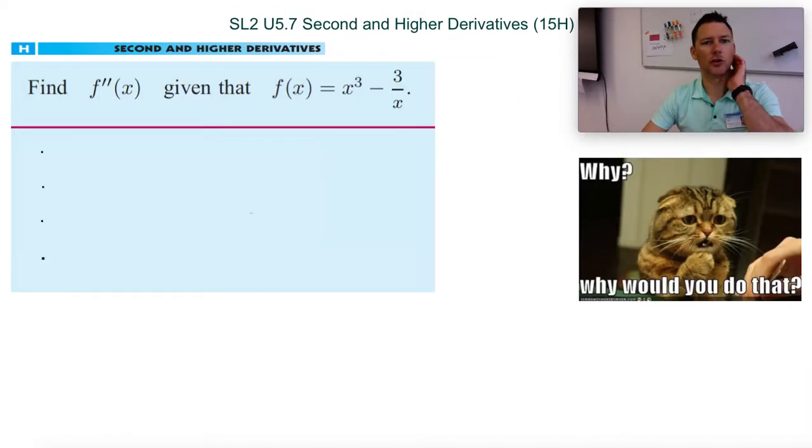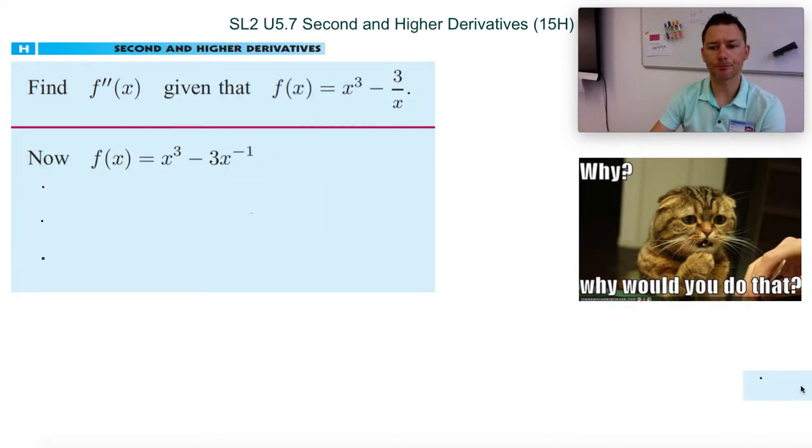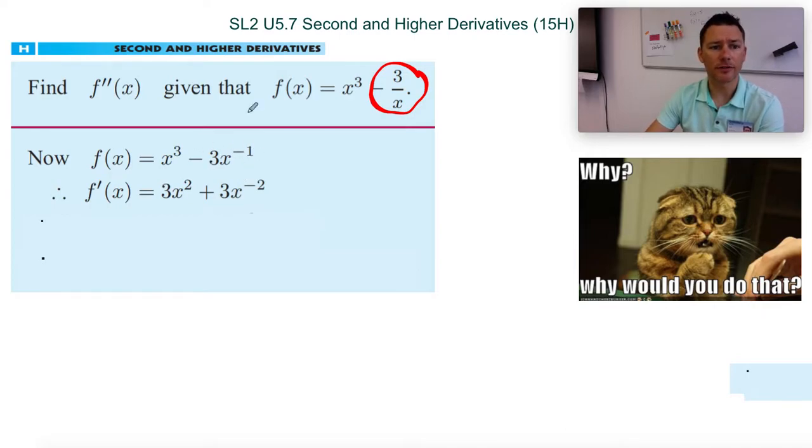So let's just look at an example of that. Here's your function. They're asking for the second derivative. So you take your function and let's rewrite this piece with an exponent, because then we can use the power rule on it. We multiply the 3 in the front and decrease the exponent by 1, and the same sort of thing for the second piece. The negative and the negative give you the positive, and then we decrease the exponent by 1 here.